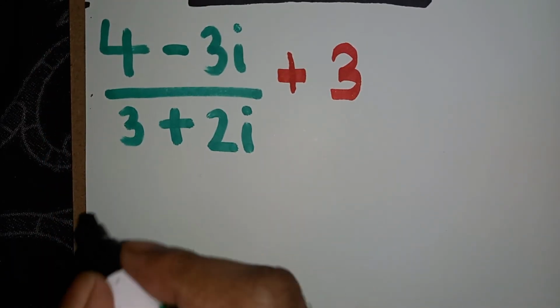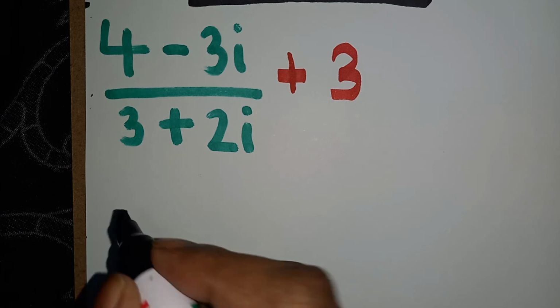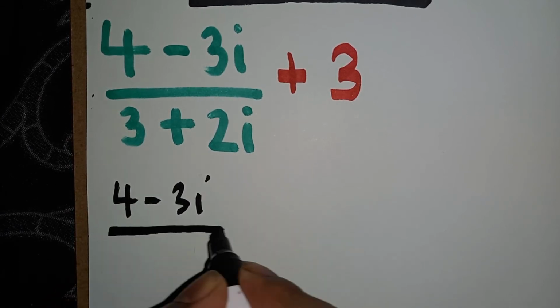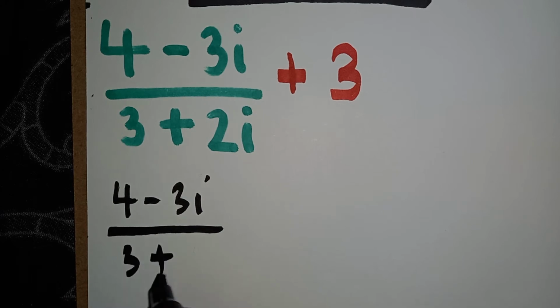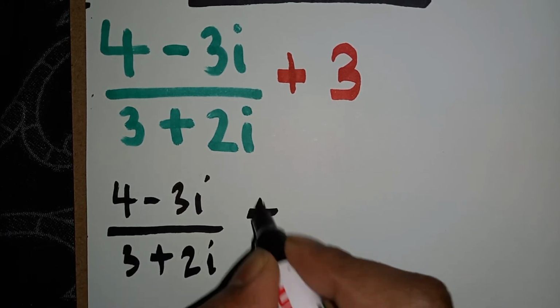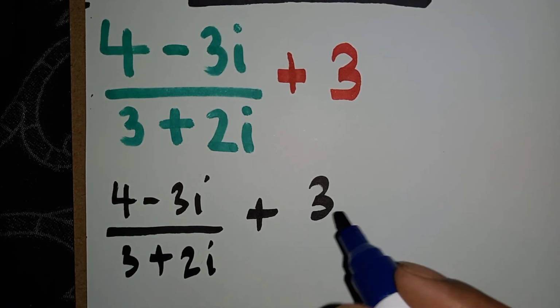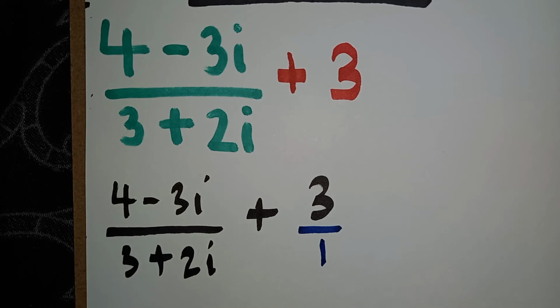So I'm going to write this again. This will be the same as 4 minus 3i over 3 plus 2i, plus 3. Now this 3 can be written as 3 over 1.